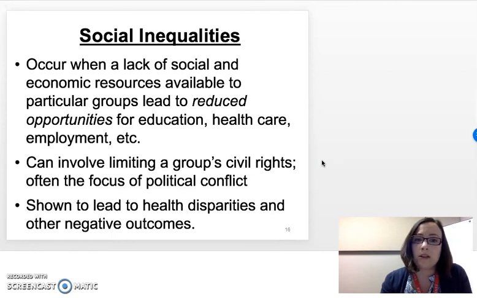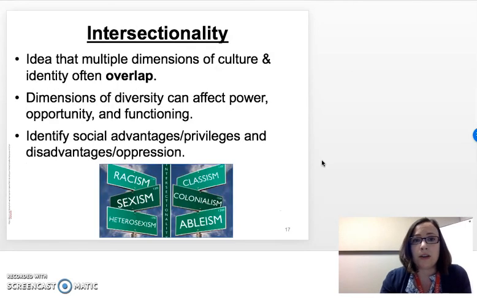So these are really serious outcomes of discrimination and oppression. Now, this term intersectionality is a really important concept for this particular unit. You can absolutely bet that this concept will pop up on the test this week. So just make sure that you're familiar with it.